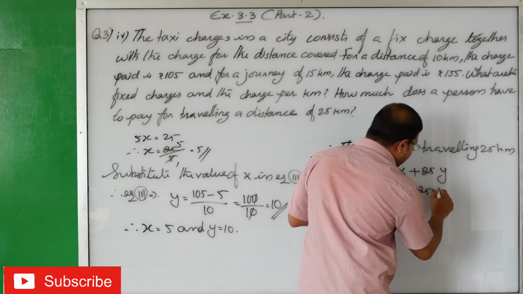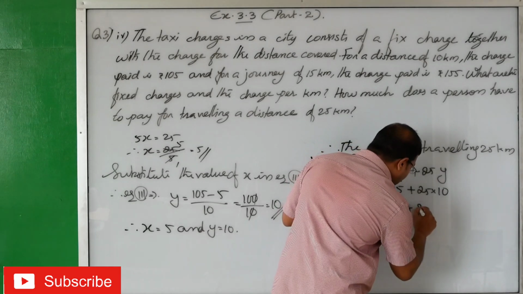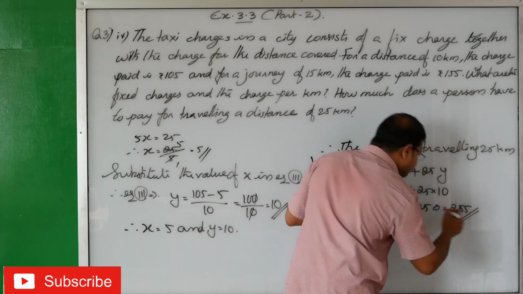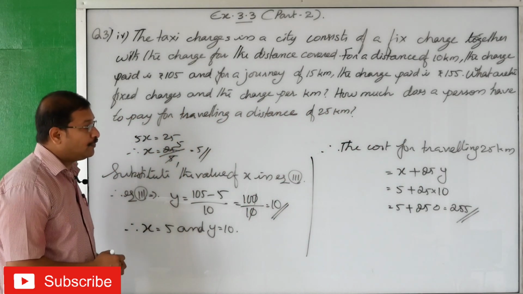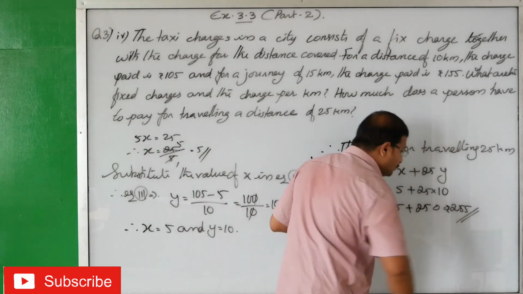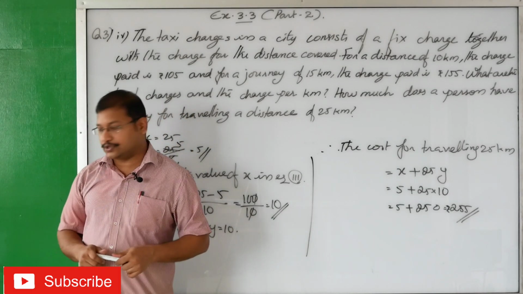What is the value of y? 10. Equals 5 plus 25 into 10, 250. So we'll get 255. This is the cost of traveling 25 kilometers. That means we can write it as rupees 255. Ready? So let's go to the next question.